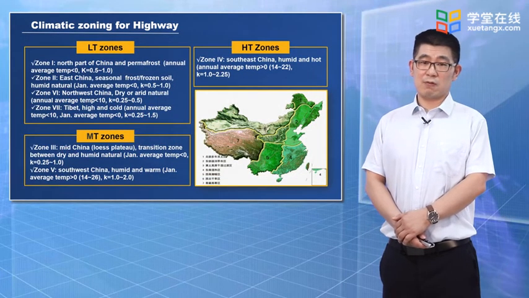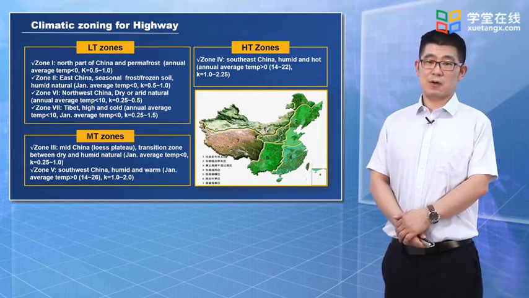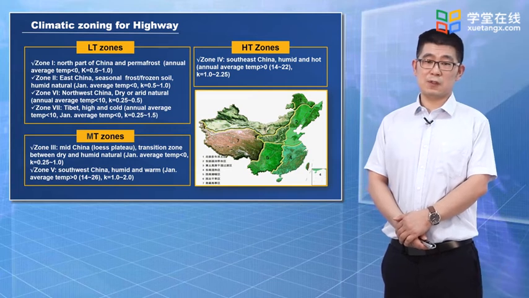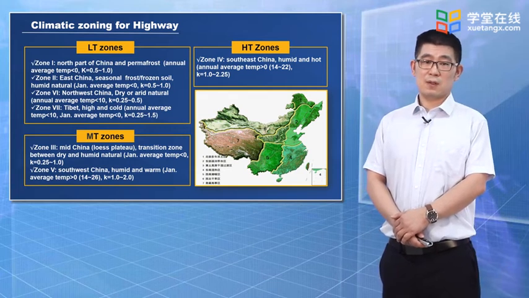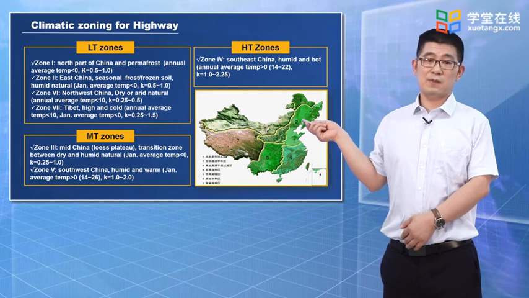The 7 level 1 zones can be categorized into the low temperature zones, or LT zones, high temperature zones, or HT zones, and the minimum temperature zones, or empty zones. LT zones are 1, 2, 6, and 7.